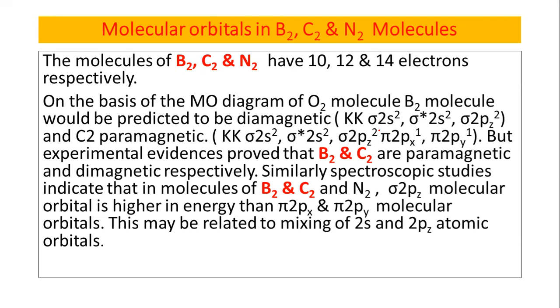But the actual fact is that the boron molecule is paramagnetic and the carbon molecule is diamagnetic. So how does this happen? And also spectroscopic studies show that in boron and carbon molecules, the sigma 2pz molecular orbital is higher in energy than the pi 2px and pi 2py molecular orbitals.